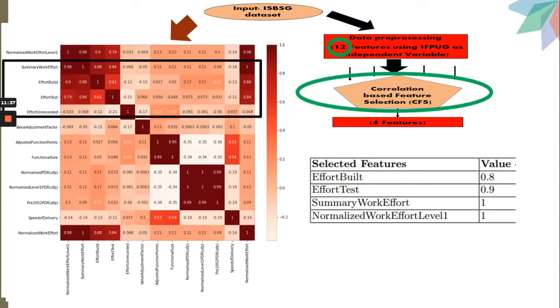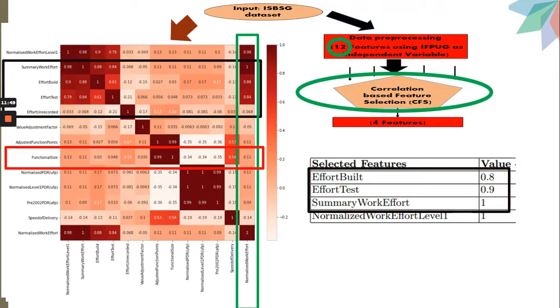When using data from the ISBSG dataset, the correlation coefficient between functional change size and enhancement effort has a value of 0.1, which is very weak.